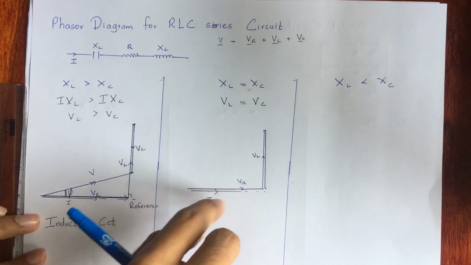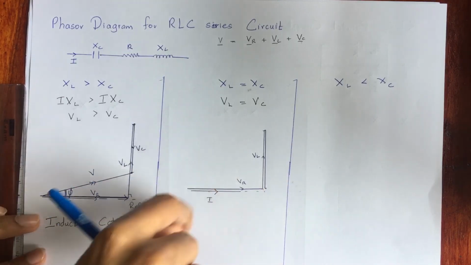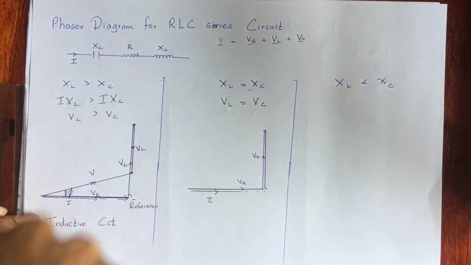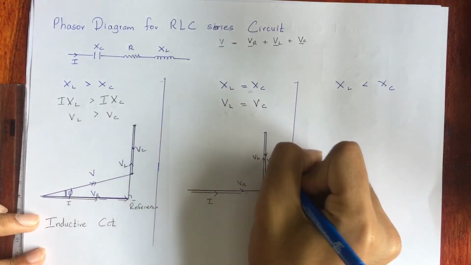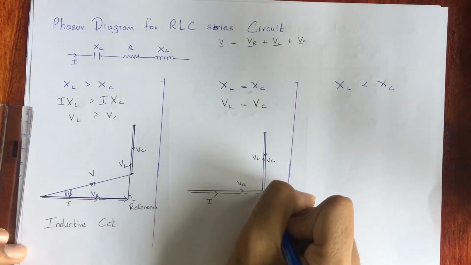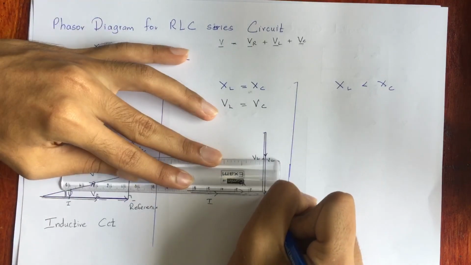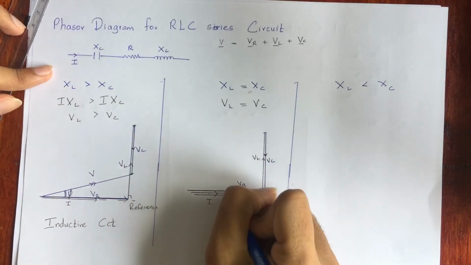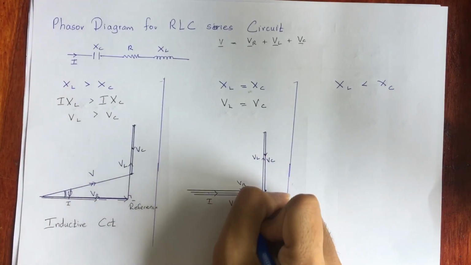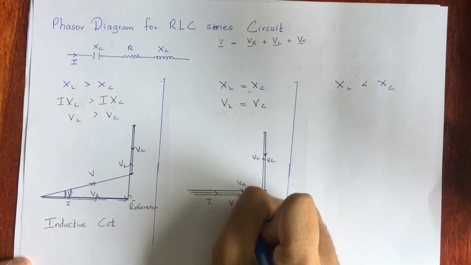So when the voltage is lagging the I, it's going to be 90 degrees downwards. So it's going to be in this direction. We know that VL is equal to VC. From that, it's going to end up over here. From that, we can directly tell the resultant would be here. From this length, the resultant voltage would be equal to VR.